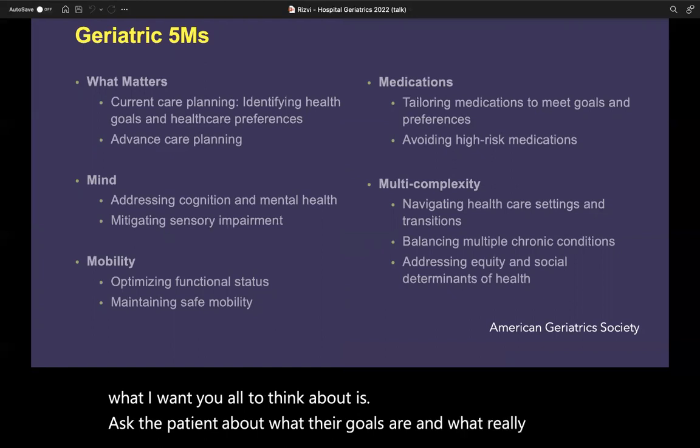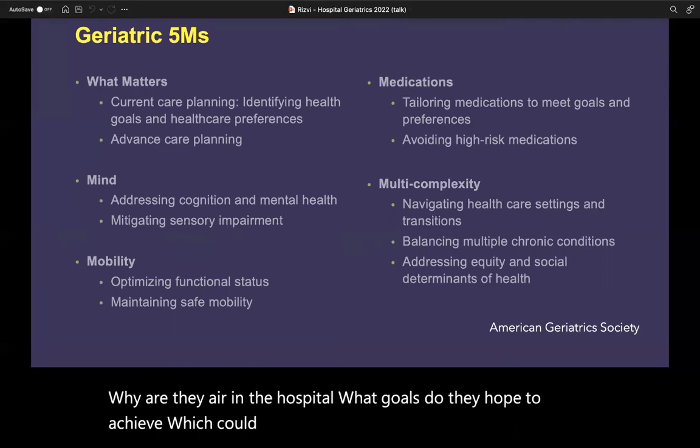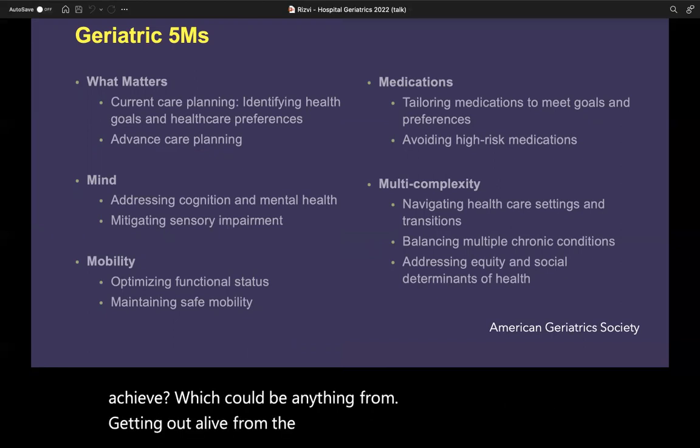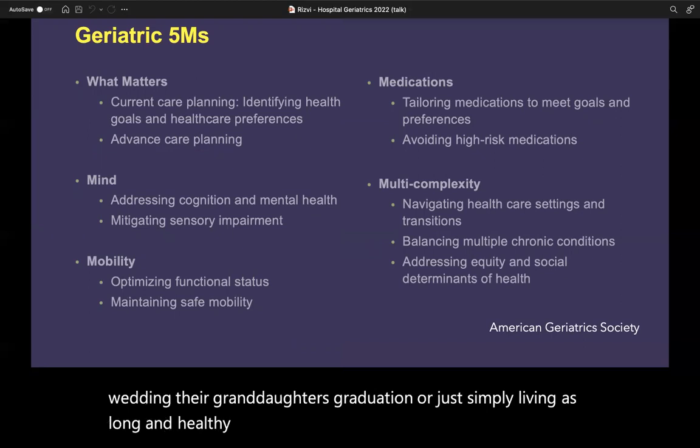Why are they here in the hospital? What goals do they hope to achieve? Which could be anything from getting out alive from the hospital, going to attend their son's wedding, their granddaughter's graduation, or just simply living as long and healthy as possible.